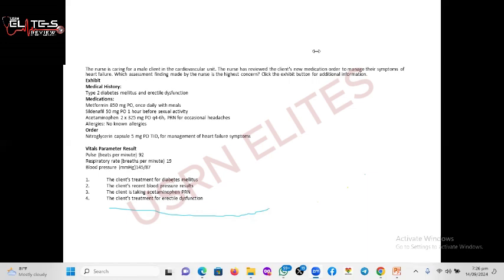But the effects will not be seen at the same time, and the client will not be on the 2 medications for a long time or continuously. Clients will be on both, but it gets to a point they will drop one and continue with the other one, because if they continue on both for a very long time, both of them will produce the same effect and the client will be at high risk of bleeding.